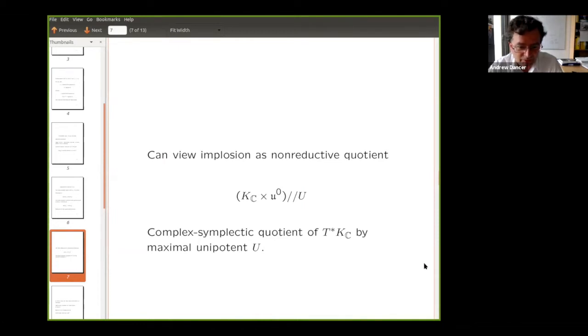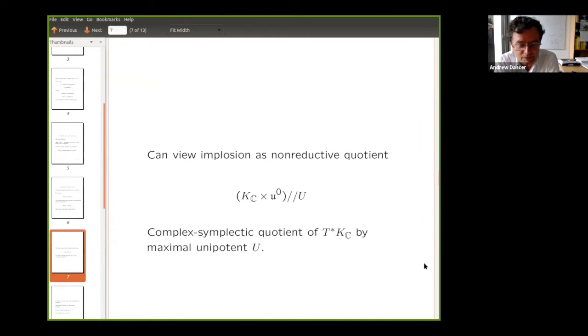Perhaps the nicest way to think about them is as follows. The classical symplectic implosion, as I said, has a real symplectic description, but it also has a nice non-reductive GIT description as the quotient of the complex group by the maximal unipotent U in the GIT sense.